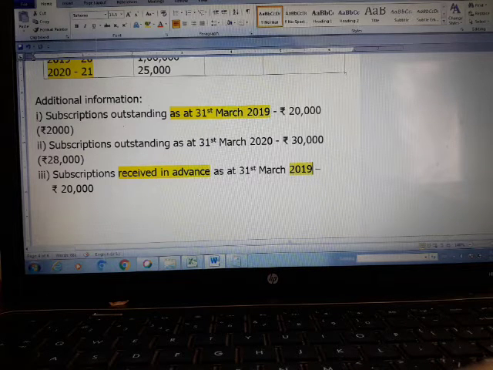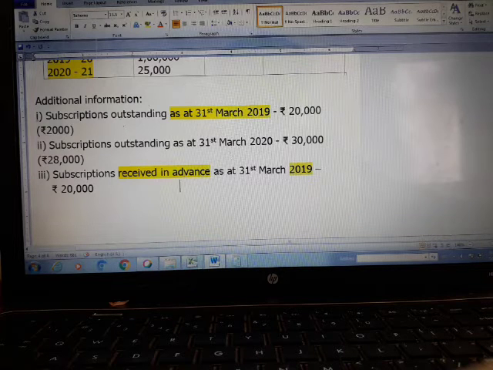I repeat, this is not the next year subscription. This subscription is a current year subscription. The phrase is given in such a way that subscription received in advance as at 31st of March 2019 can be utilized only from 1st April 2019 to 31st of March 2020.